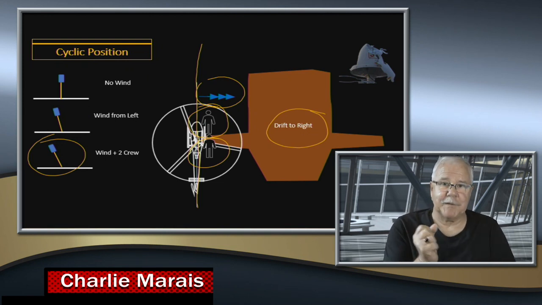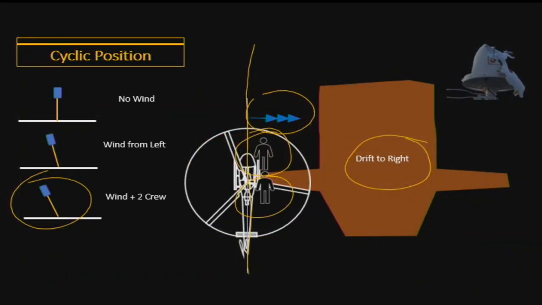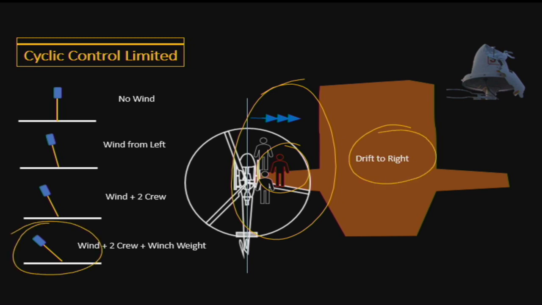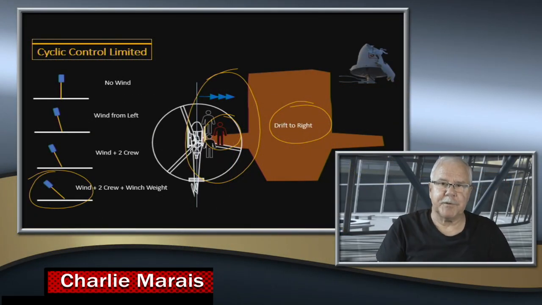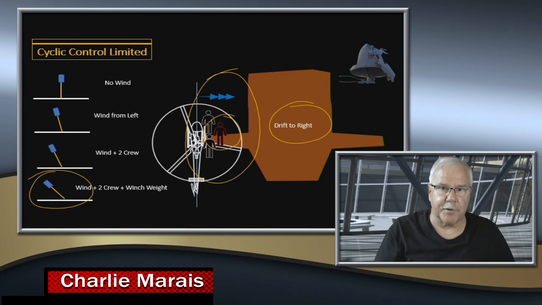There is a definite control limit here, and the idea is just never to reach that limit. In this case, when they were taking the last person on, you can see all the factors that wanted to make the aircraft drift to the right had to be compensated by the cyclic to the left. Have I over-exaggerated the cyclic positions? Yes, but it still holds true for the argument.